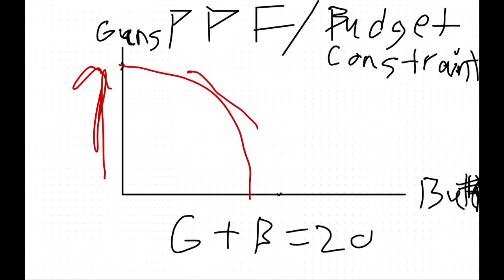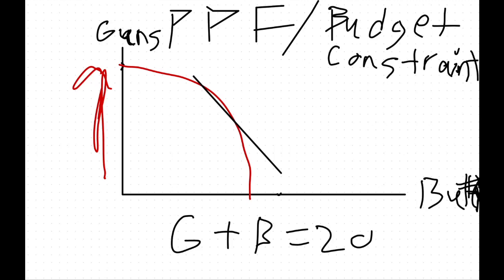In fact, this is why I asked you to read about derivatives. So then, that's a terrible tangent line, but it's my best attempt. The tangent line represents how many guns you're trading off for how much butter, right? Does that make sense to everyone?